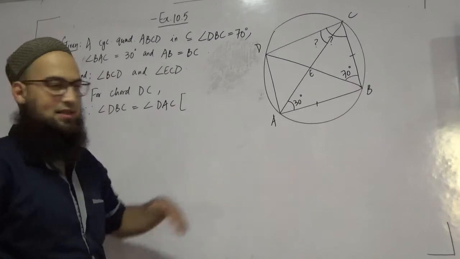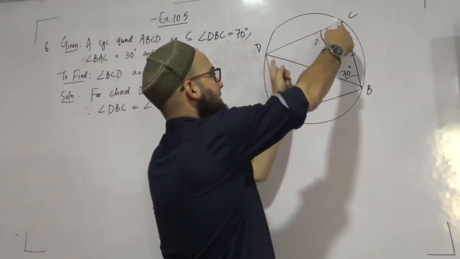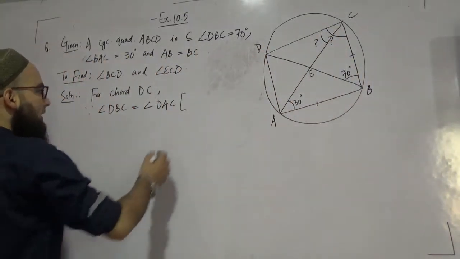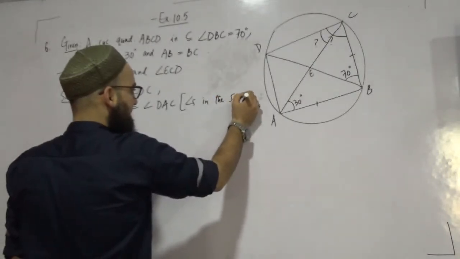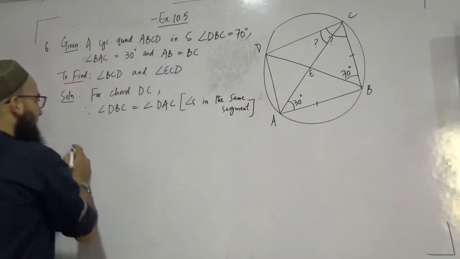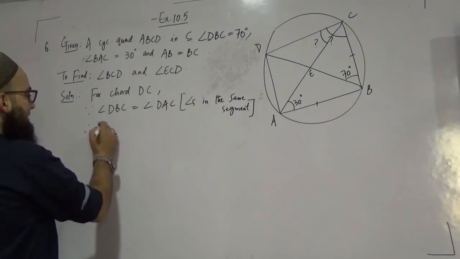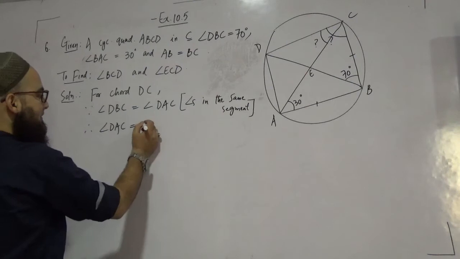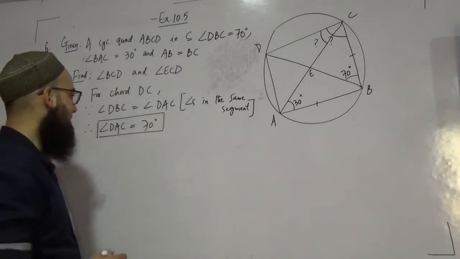Why? Because these are angles in the same segment. The angles subtended by the chord in the same segment will be equal. Therefore, angle DAC is equal to DBC, which is 70 degrees. So angle DAC is equal to 70 degrees.